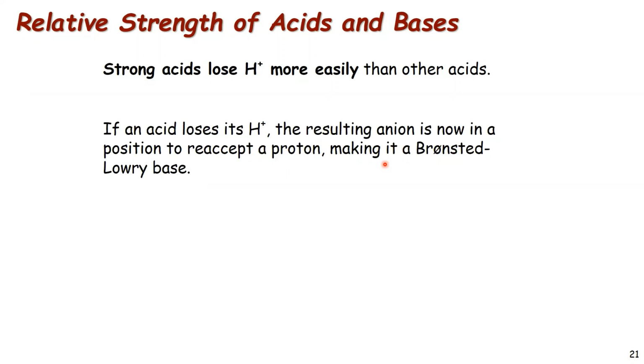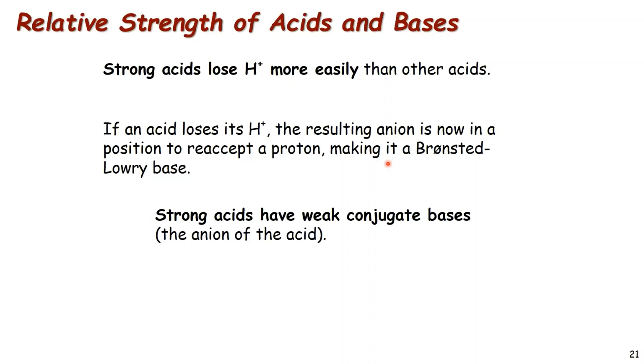Because if the strong acid wanted to give up H+ really easily, well, why would that conjugate base want to take the H+ back? It already wanted to give it up. So again, strong acids have very weak conjugate bases.